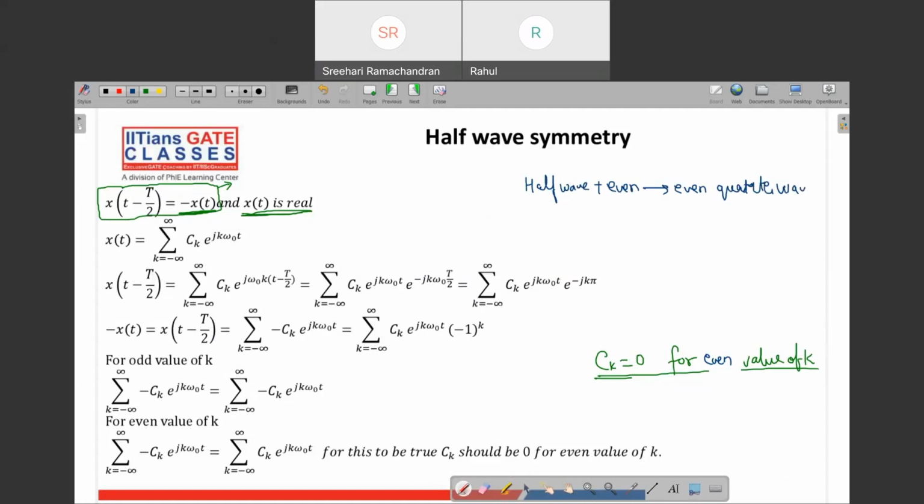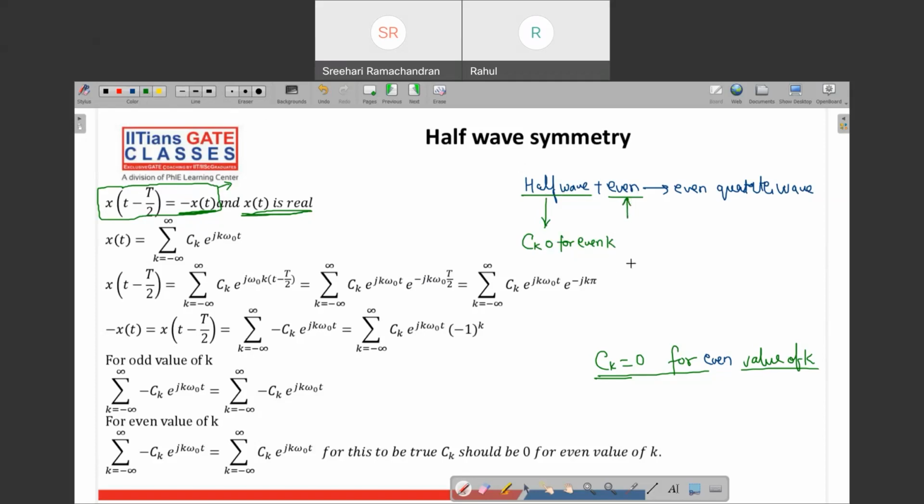Here we have two things. First, the signal is half wave. Second, the signal is even. When the signal is half wave, we know that ck will be equal to 0 for even k.